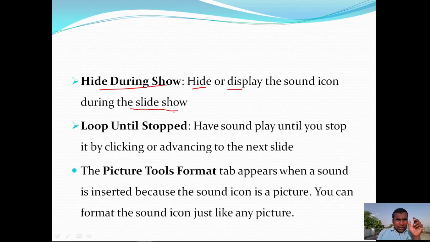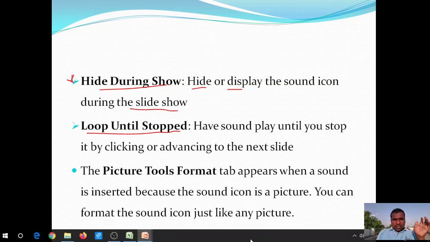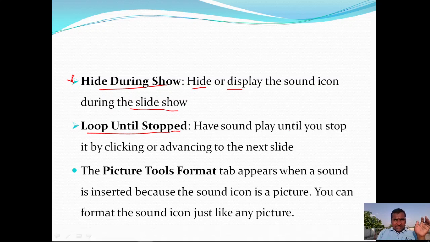If you don't want to display the sound icon, you can choose this one, then it is going to hide that sound icon. Or if you want to view that icon again, you need to choose this command again, then it is going to display. Then the loop until stopped command.